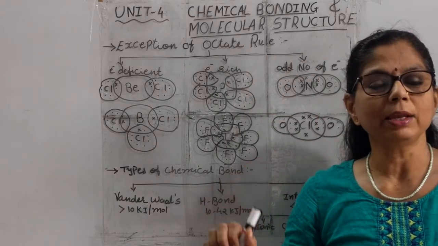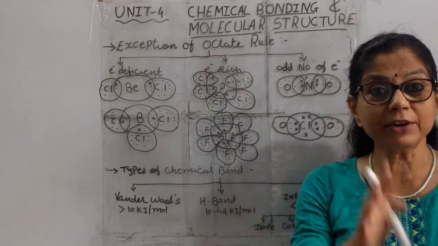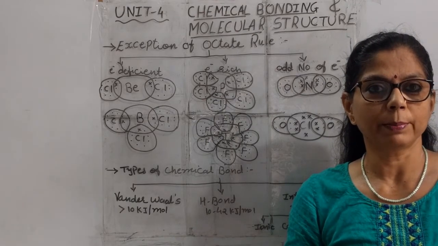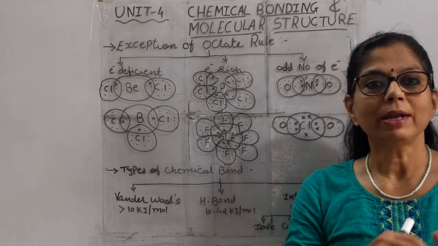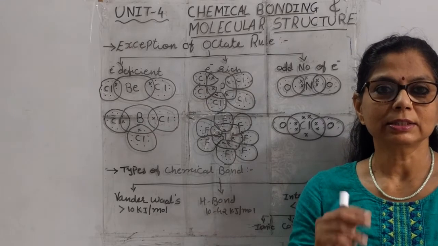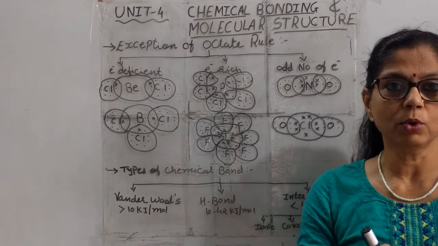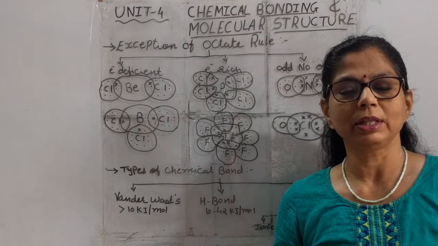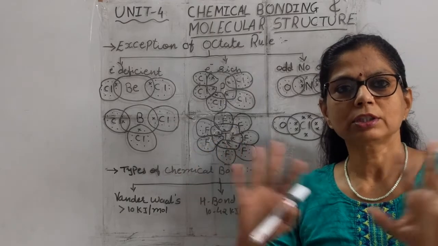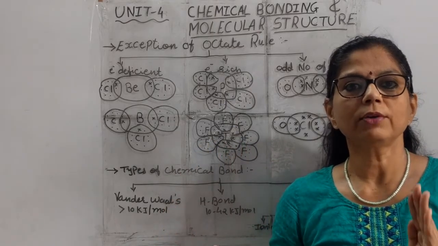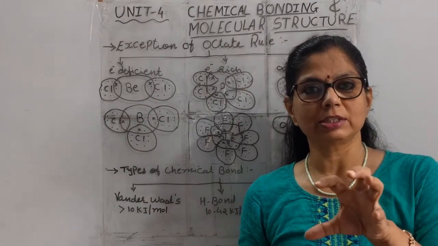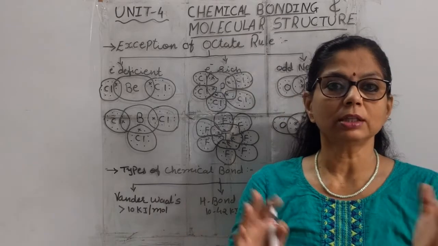There are some elements, central atoms, when they form the molecule or compound, while we are drawing the Lewis dot structure, the central atom does not obey the octet rule. Either it has more electrons or less electrons, or sometimes it is an electron sufficient element. So here we are not going to study the electron sufficient element, but we are going to study the other 3 options.